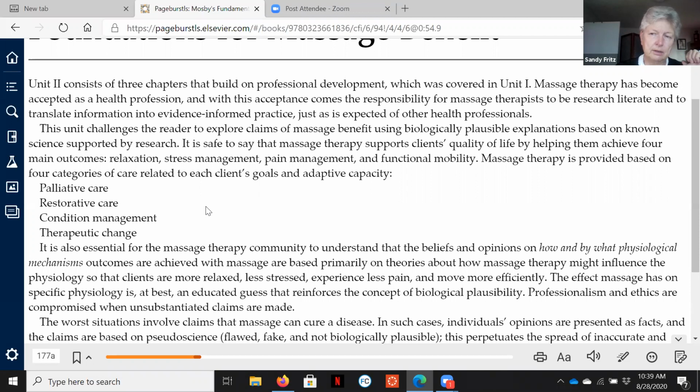Restorative care is a little bit more. These all go to adaptive capacity. It will challenge the adaptive capacity a little bit more. So let's think of a gas tank in a vehicle. You're going to go to work, or go on a road trip, and you're going to use gasoline or maybe electricity, depending on what kind of vehicle you work with.